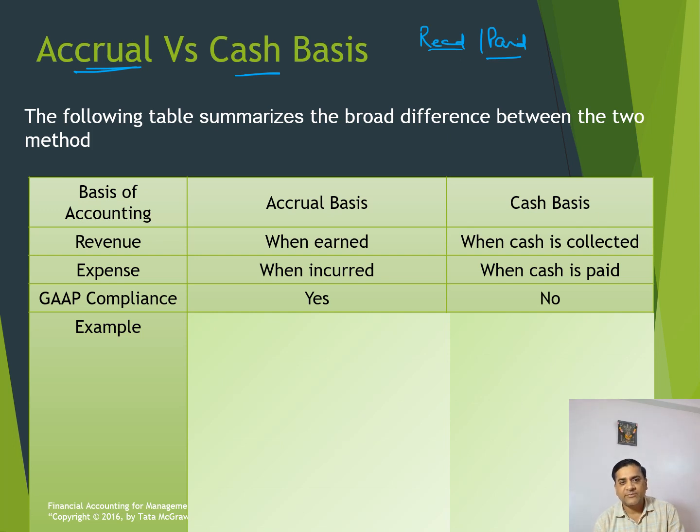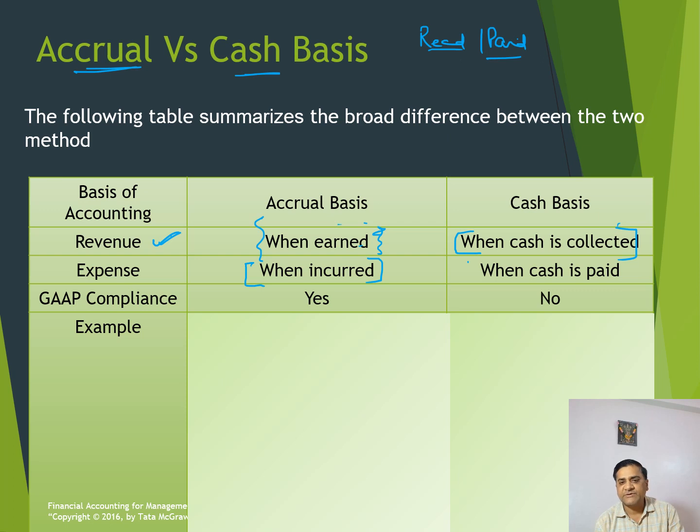In case of accrual basis, we say that the revenue is recorded when it is earned. Nothing to do with the cash received or cash paid. In case of cash basis, we would record this transaction only when the cash has been collected. In case of expense, we would say whenever it becomes due or whenever the benefit has been taken.